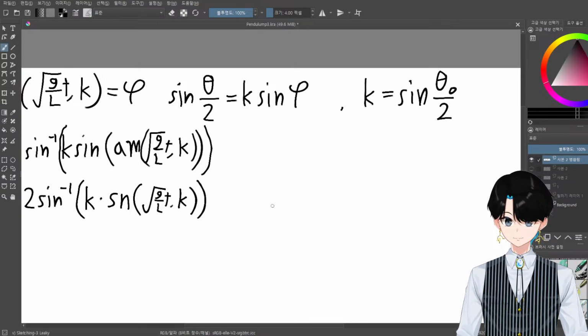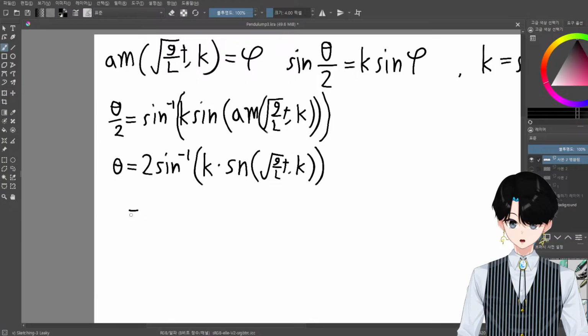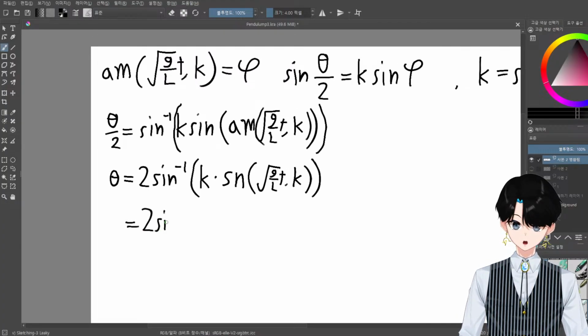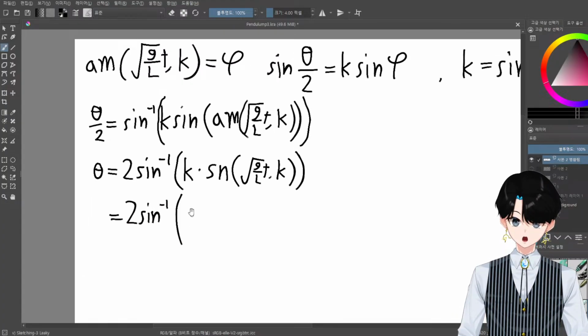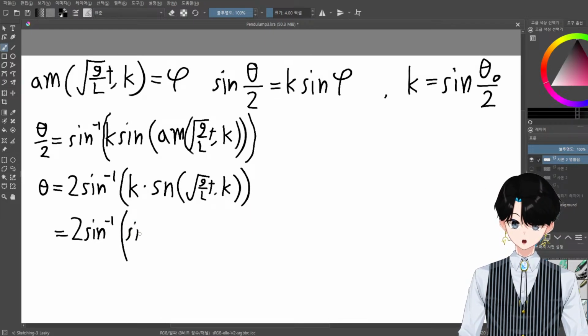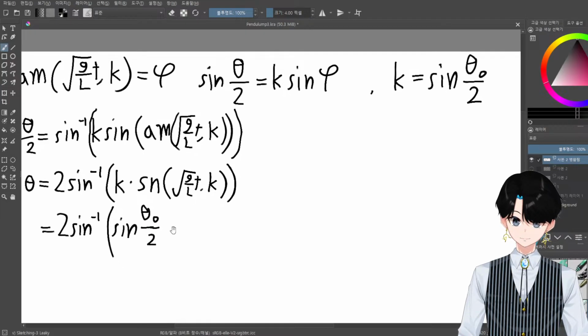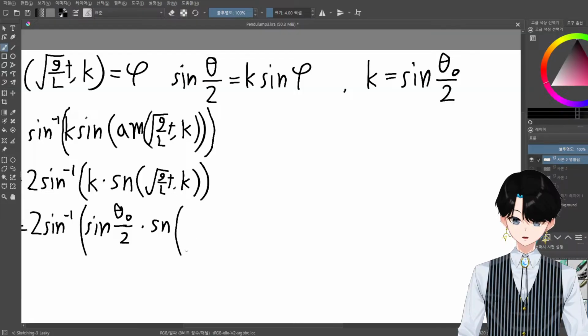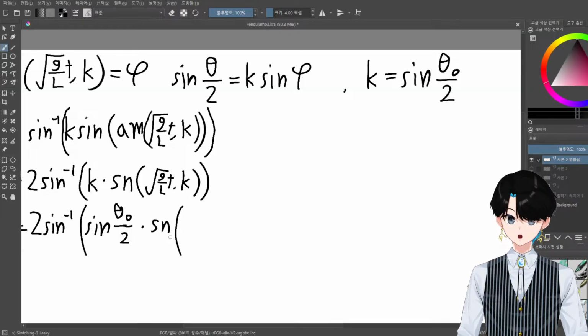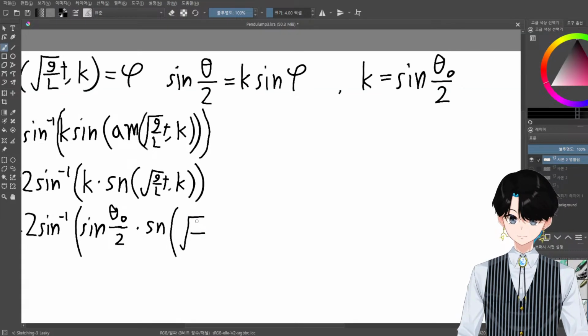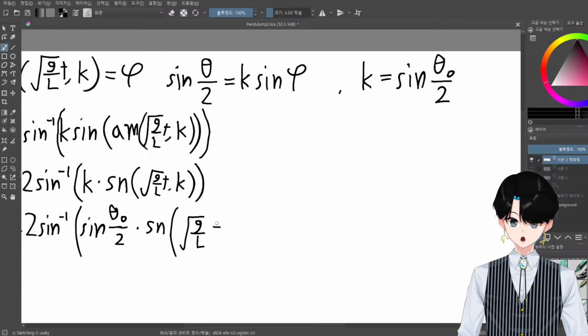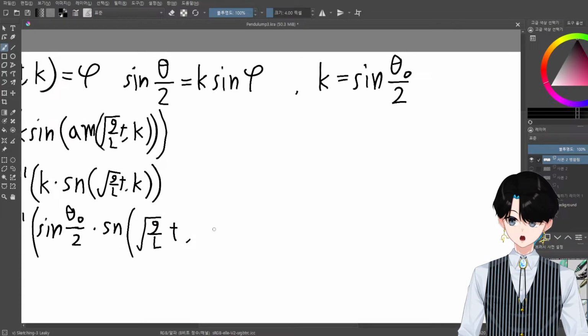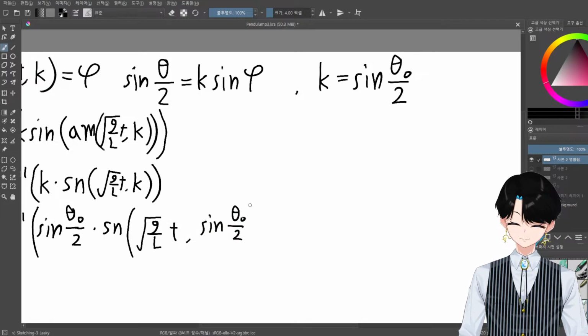I think I have to write it in a different paragraph. 2 sine inverse of A, where A is sine theta 0 over 2, times elliptic sine of root of g over L t, comma, A is sine theta 0 over 2.